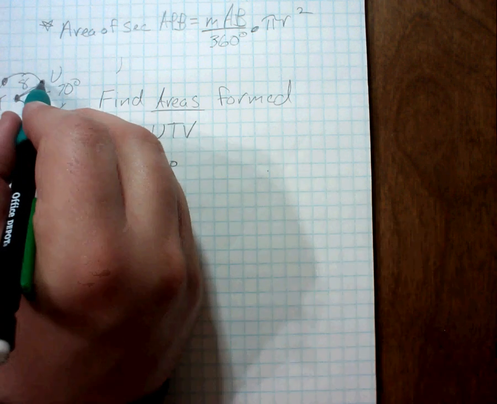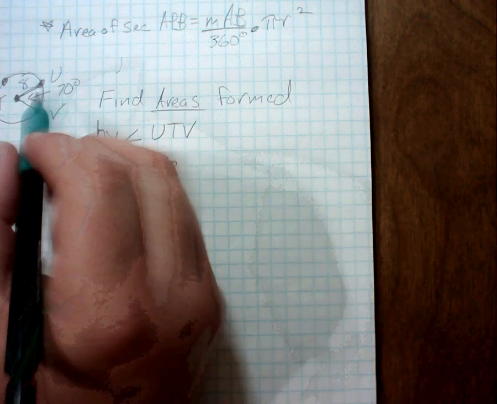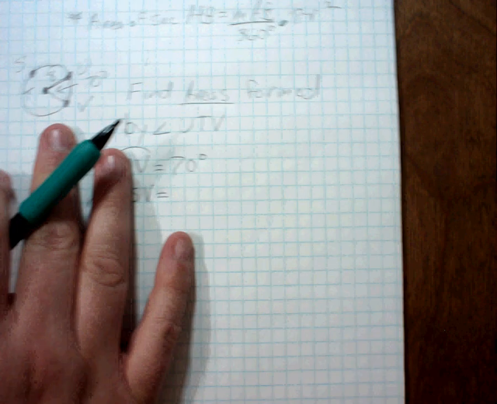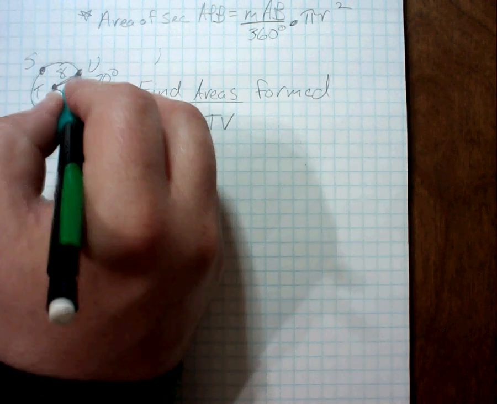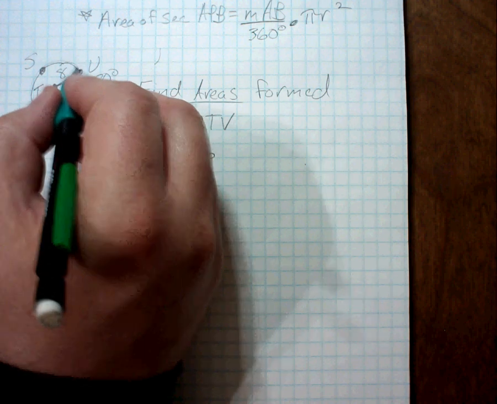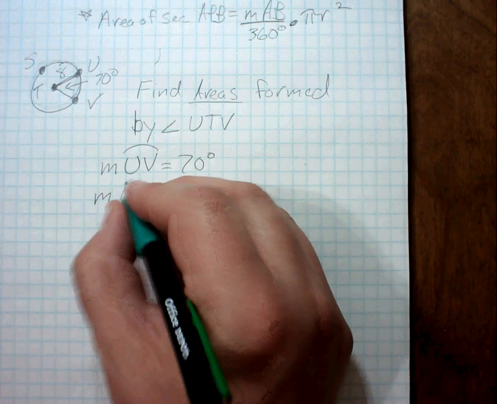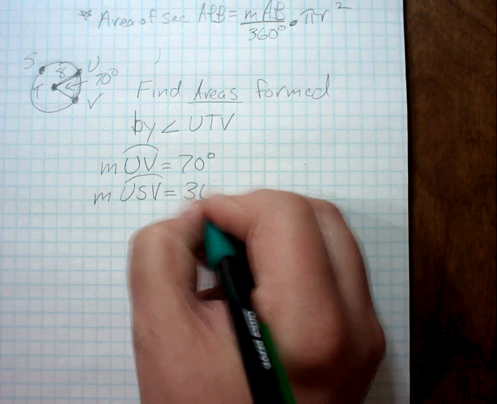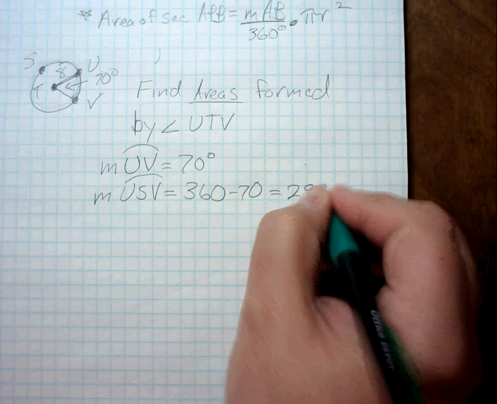This is 70 degrees, but what about this whole thing here? It divides the circle into two sectors, really, when you think about it. What's this whole thing out here, USV? Well, the measure of that arc is just going to be 360 minus the 70, which is equal to 290 degrees.